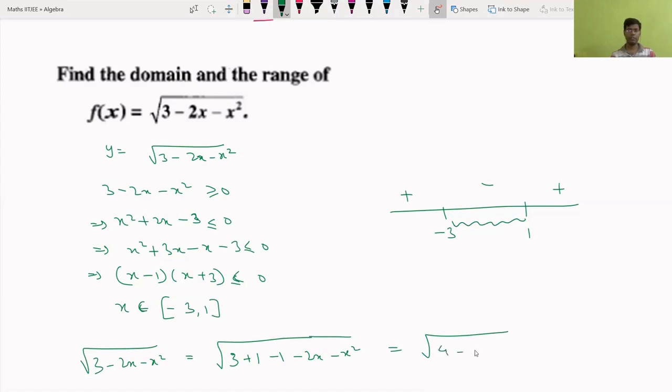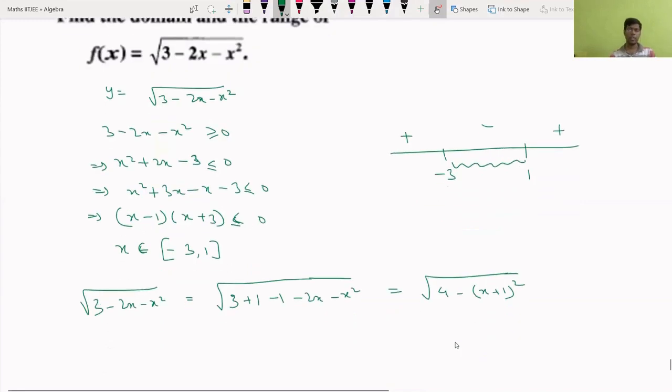So I will get 4 − (x + 1)². Why I'm doing this is because I know the minimum value of this particular term is 0, so I know the maximum value of the whole expression.